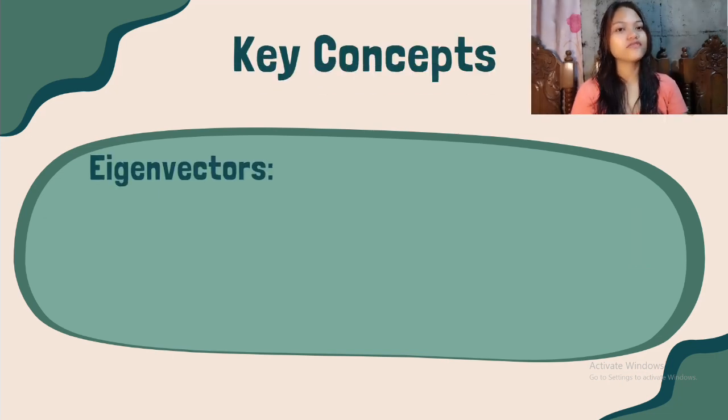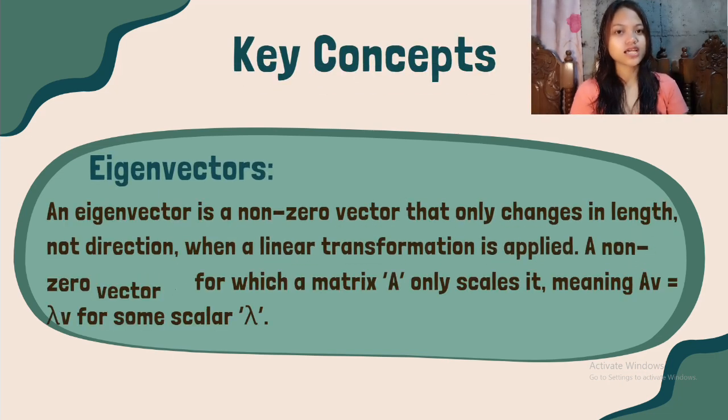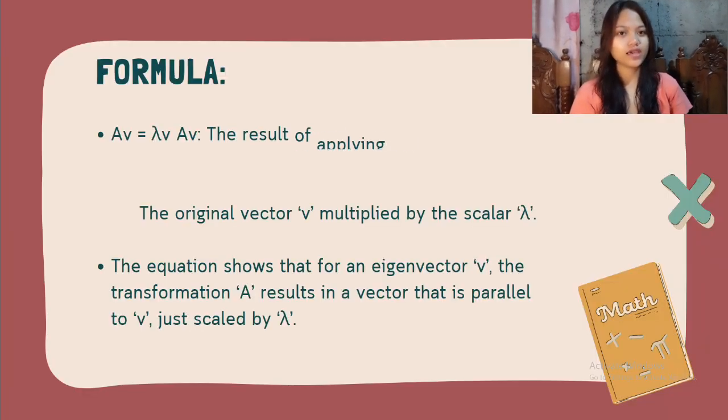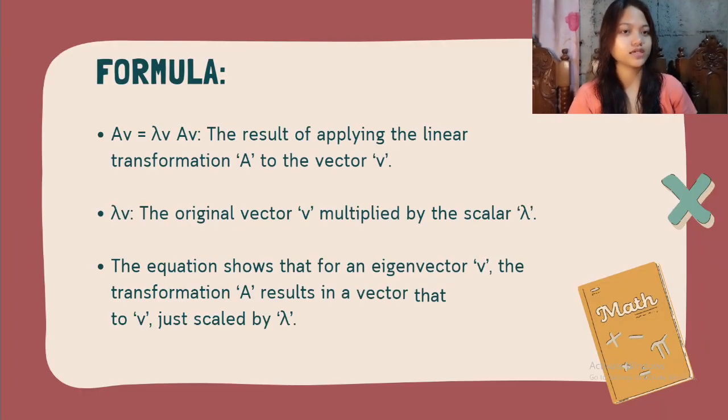Eigenvectors. An eigenvector is a non-zero vector that only changes in length, not direction, when a linear transformation is applied. A non-zero vector v for which a matrix A only scales it, meaning Av equals lambda times v for some scalar lambda. Formula: Av equals lambda times v.